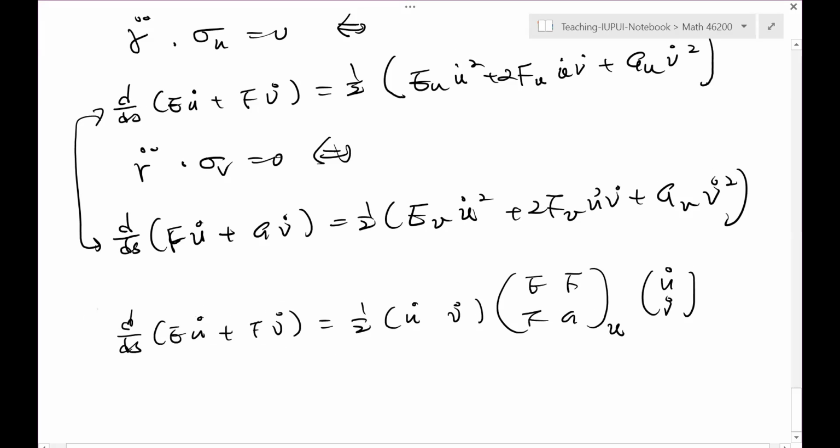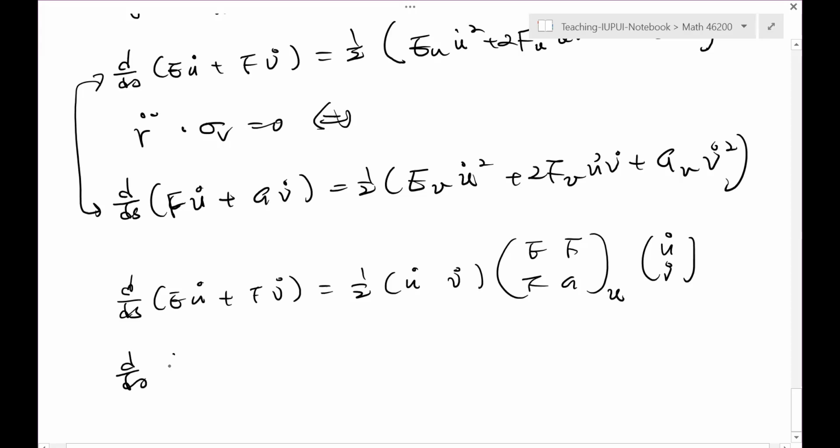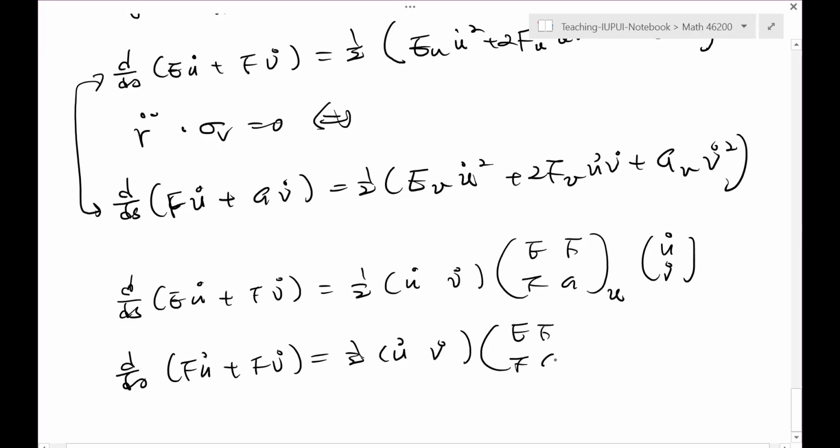You can write it in this form, and similarly with the matrix E, F, F, G and v dot.